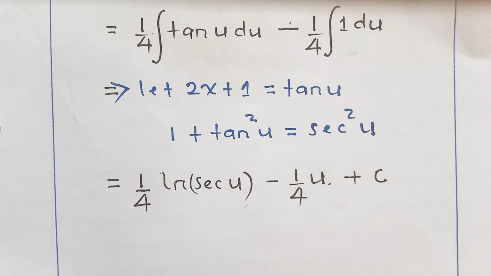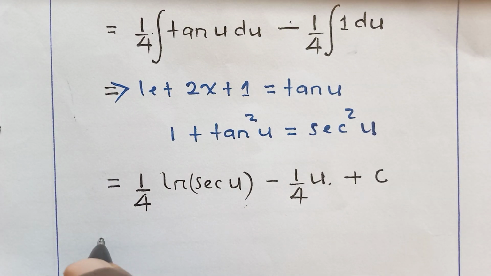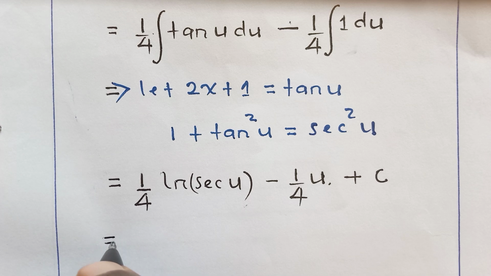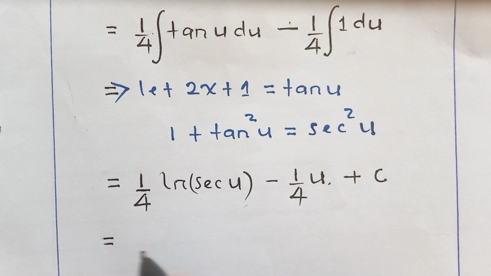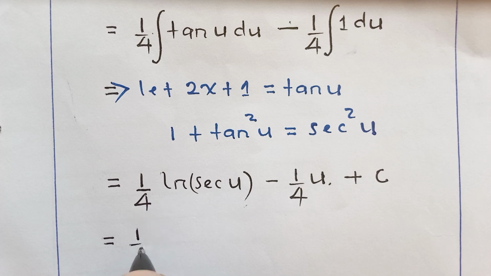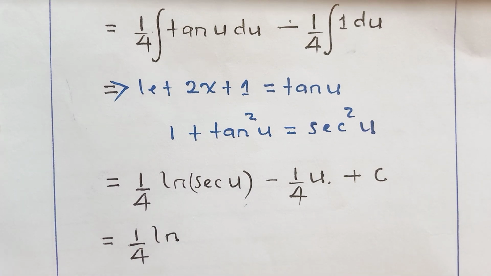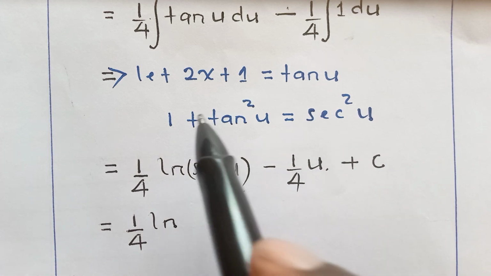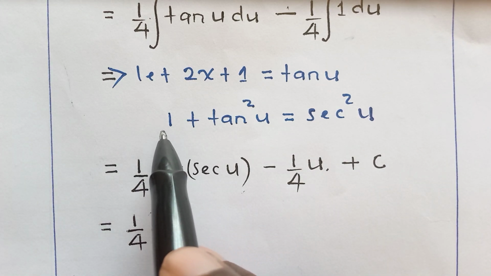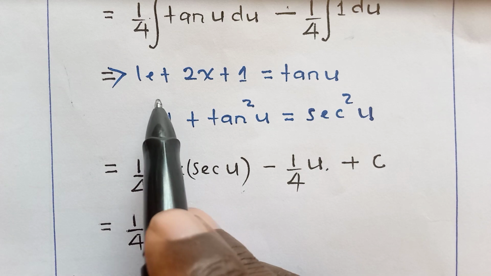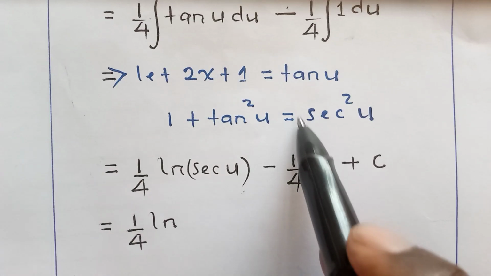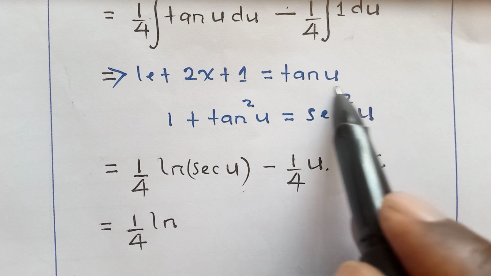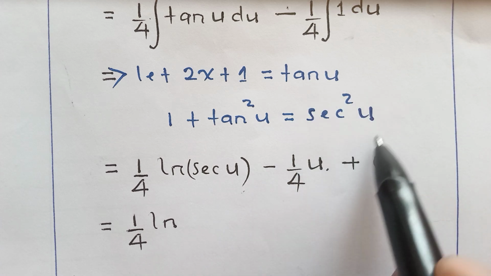So guys, we can now convert this one in terms of x. So we shall have 1/4 ln sec u. For sec u, we find the square root of that side and the square root of that side, because the square root of this side gives us sec u.